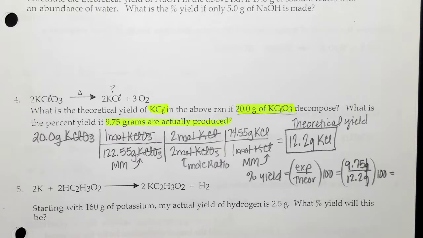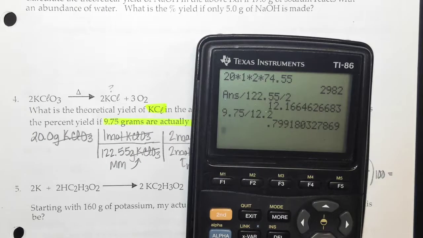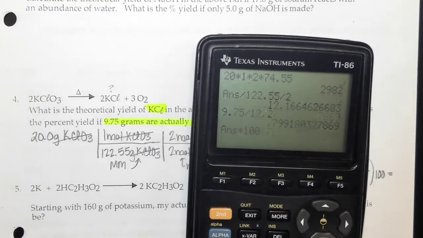I gave you 3 sig figs, so your answer should have 3 sig figs. Could we do the same thing on 5? Yeah. 9.75 divided by 12.2 times 100 gives me, Dylan, what'd you get? 80.0? 9.75 divided by 12.2, and I'm going to go times 100.